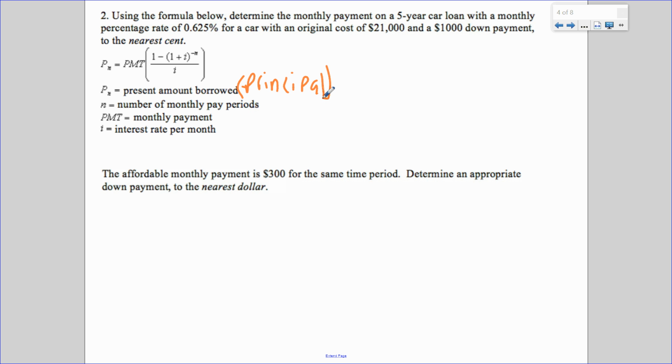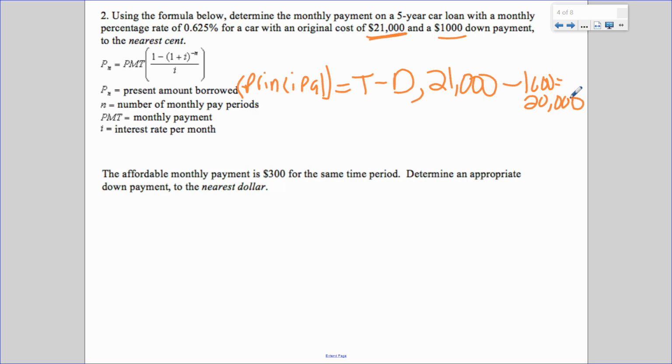Well, principal equals total minus the down payment. The total cost is $21,000. The down payment is $1,000, which makes $20,000. My present amount borrowed. The amount I'm borrowing, the principal, is the total minus the down payment.